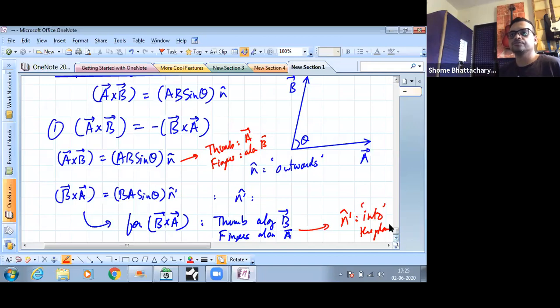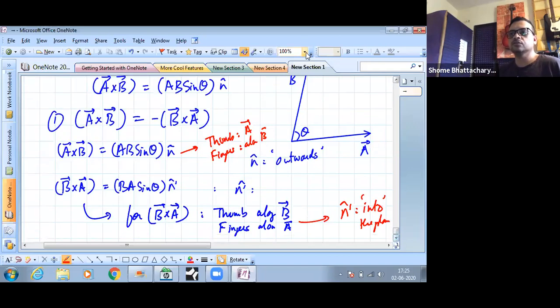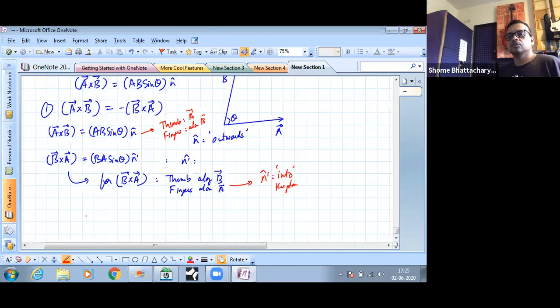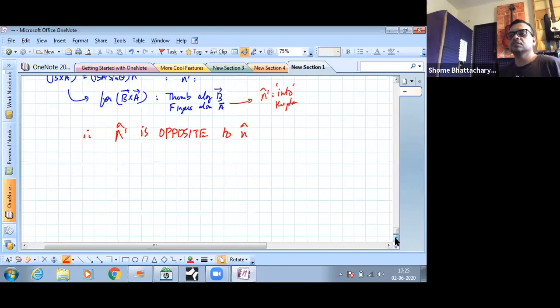So if you put this information together now, you can see that n prime cap is opposite to n cap. Okay. So that means A cross B has the same magnitude as B cross A, which is AB sine theta or BA sine theta, one and the same.